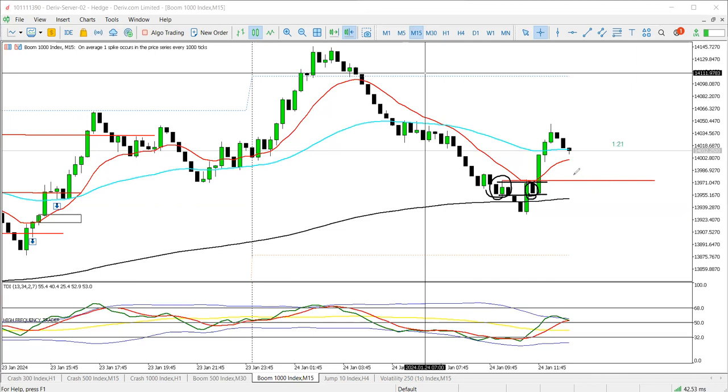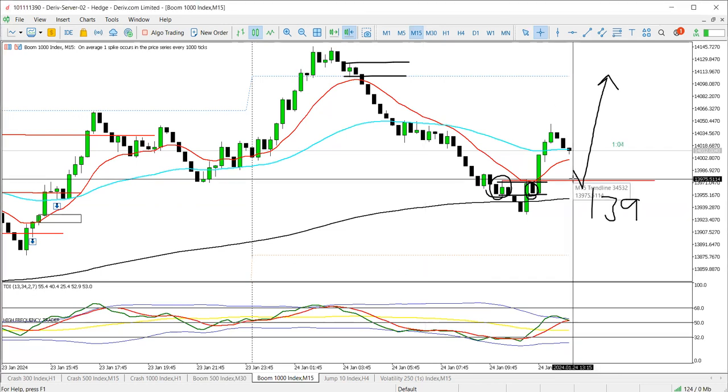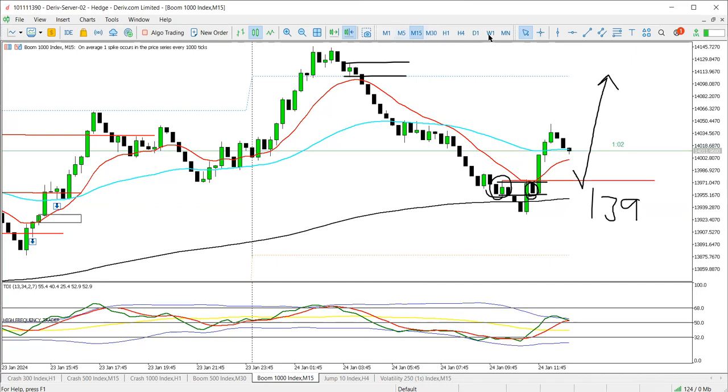So this makes this a possible area for a buy, taking profit around this area here. So if we can get to 13.9, 13.975, that's my point of interest for a possible buy limit.